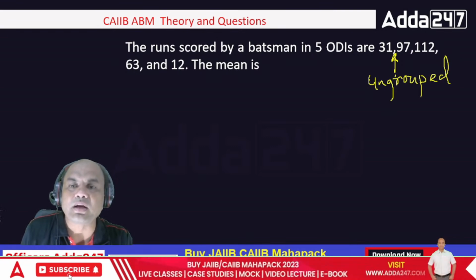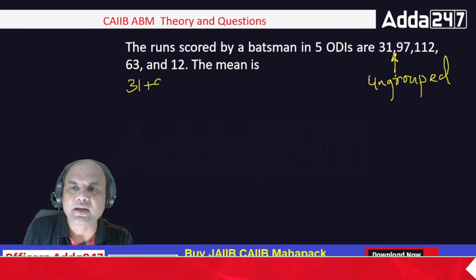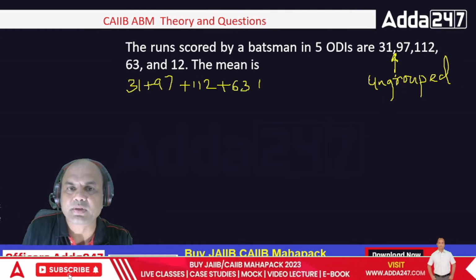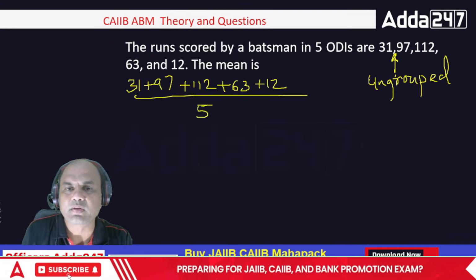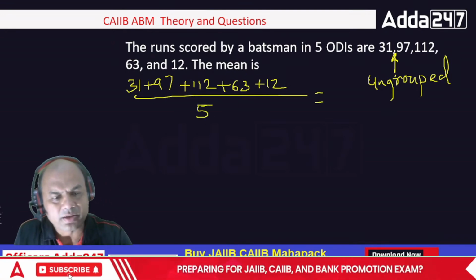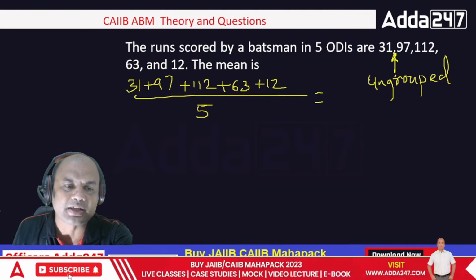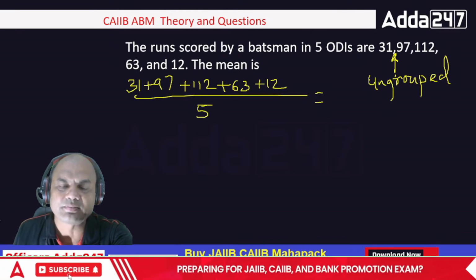So what is the mean? How to find out the mean? Just go on adding 31 plus 97 plus 112 plus 63 plus 12, and the whole divided by the number of elements, 1, 2, 3, 4, 5. Use the calculator, everyone should try this. Let's do it simultaneously.